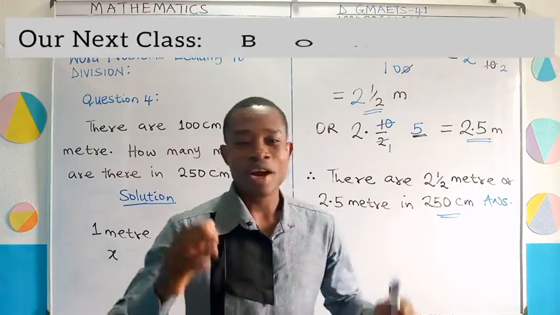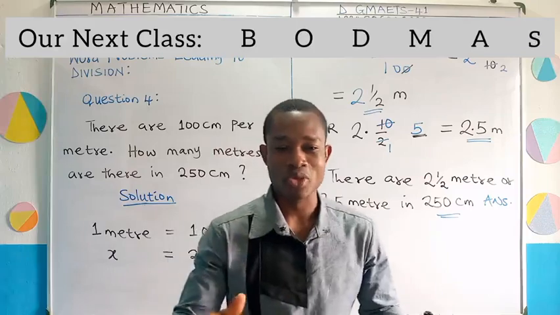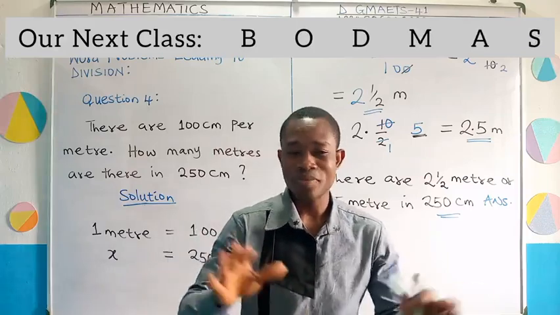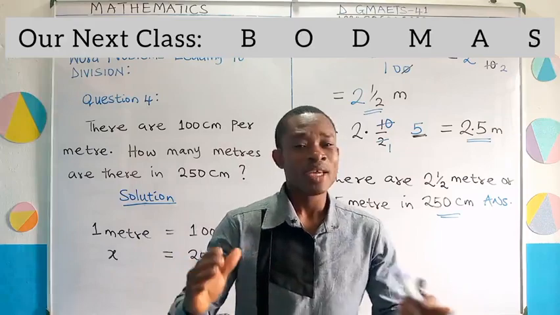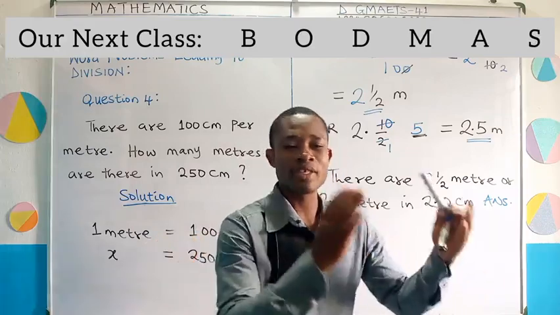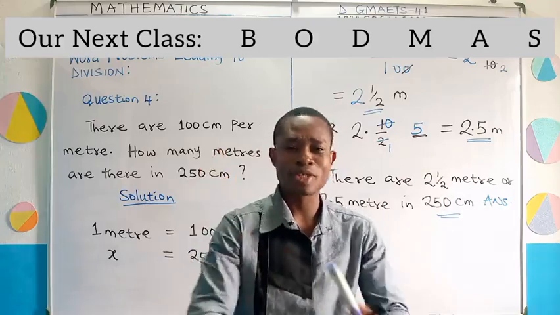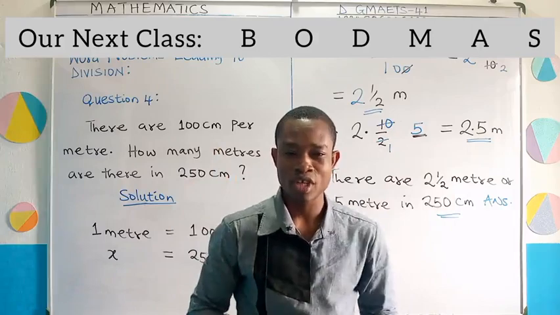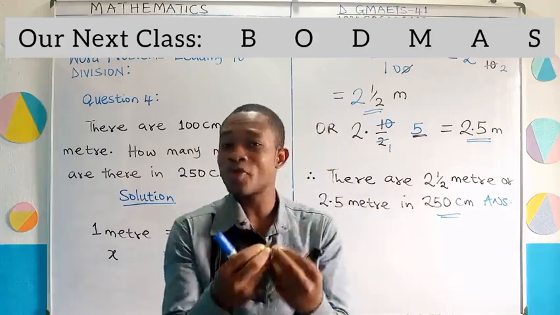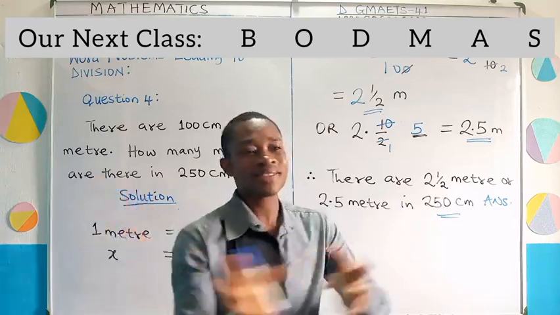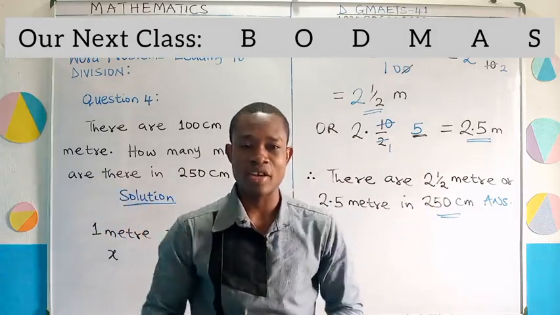In our next class, I'll be introducing you to BODMAS. A very important aspect of mathematics as well. Now that we have finished everything about basic arithmetics from part 1 to part 4, addition, subtraction, multiplication, division, you should be able to solve problems that combine these basic arithmetics together. Are you following?